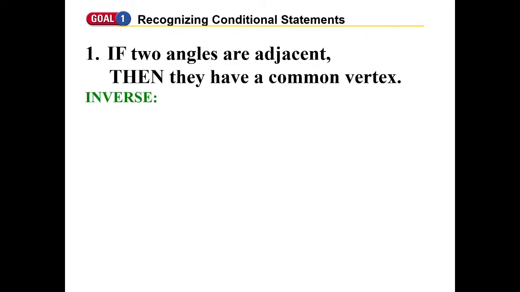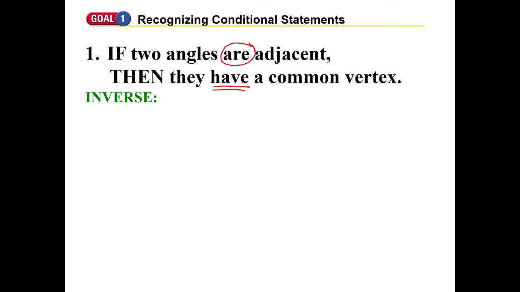Okay, this one. If two angles are adjacent, then they have a common vertex. If two angles are not adjacent, then they do not have a common vertex. Take note, for R, just put the word not. For have, I'm going to use do not and does not.